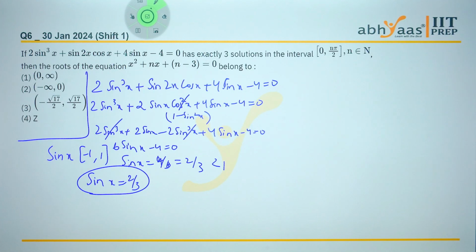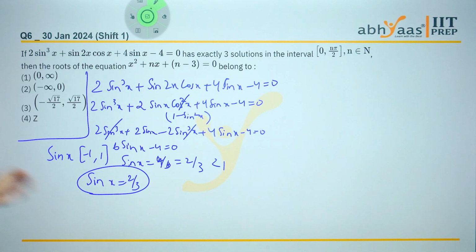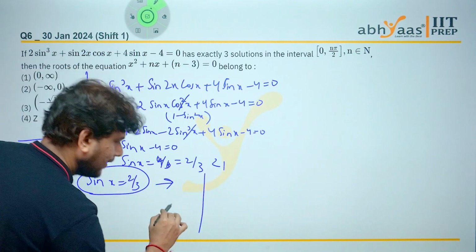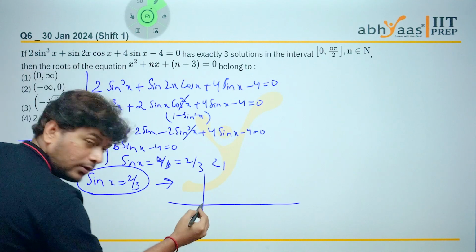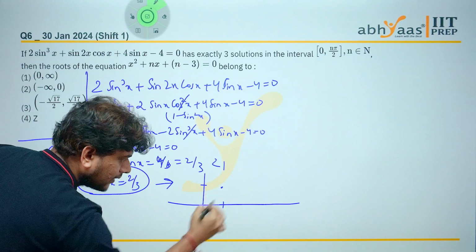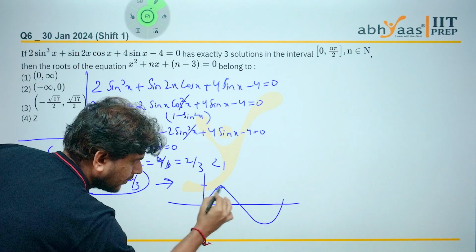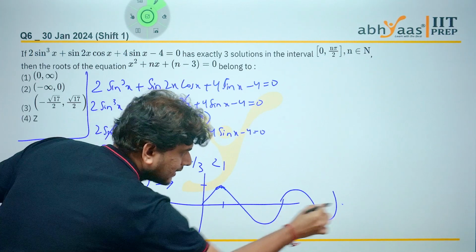Now we have to find 3 exact solutions. So I will draw a graph so that you can understand. Sine starts from 0 and at pi by 2 we will get 1. So we have to draw a smooth curve. So it varies like that.